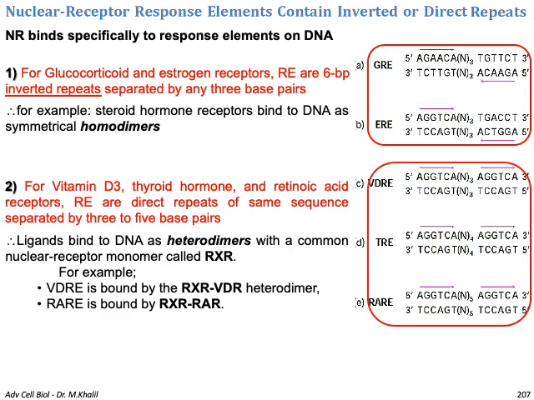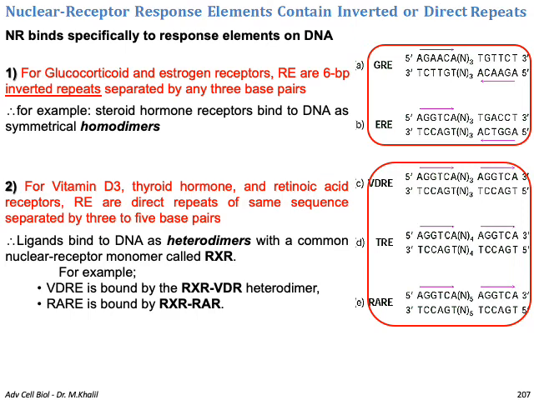While in this case, for the vitamin D3 response element, the thyroxine response element TRE, and the retinoic acid response element RARE, you can see that the response element is different. They are actually direct repeats, so the sequence is direct, not inverted, separated by either 3, 4, or 5 nucleotides.